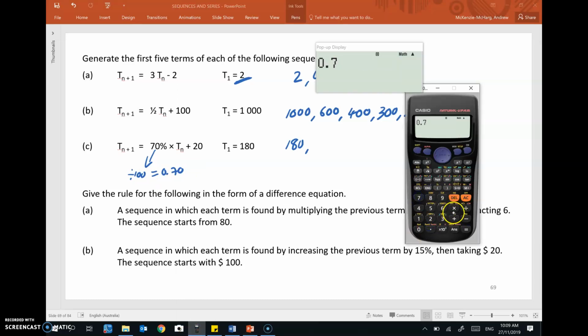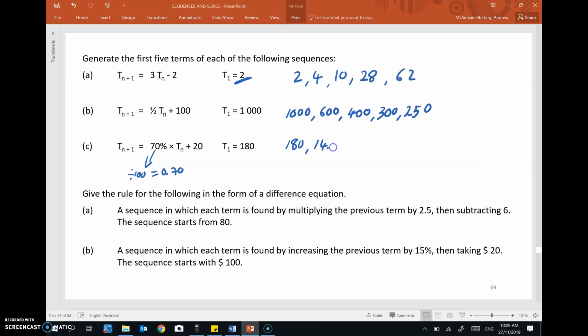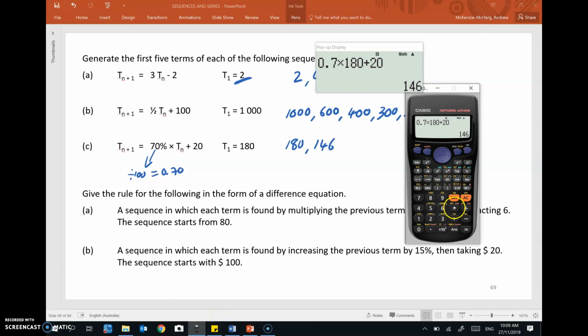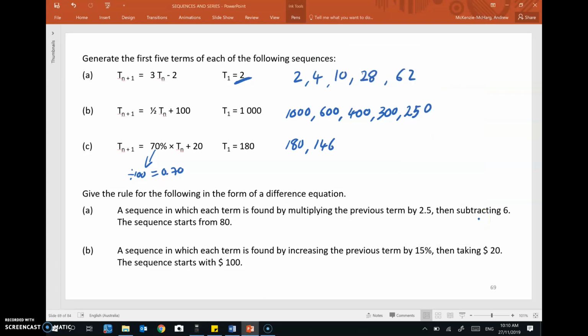So 0.7 times 180 plus 20 gives 146. And then times 0.7 plus 20 gives 122.2. Okay, so if we go on like that, these are the next two terms in this sequence.